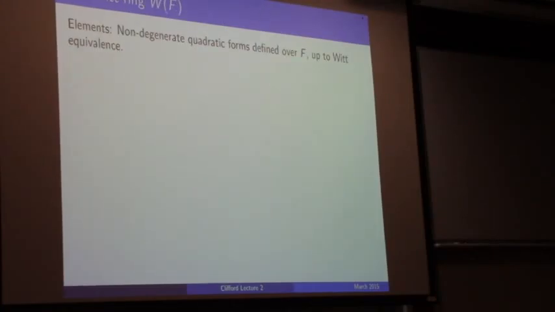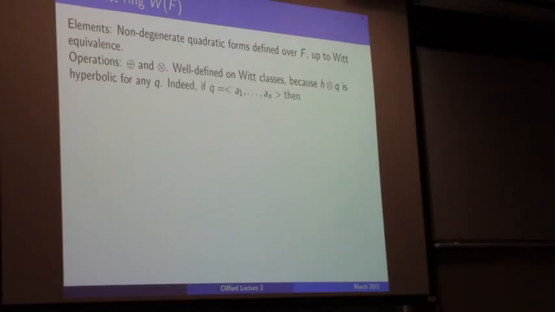So the Witt ring is now defined as a set. The underlying set consists of non-degenerate quadratic forms defined over F up to Witt equivalence. The operations are the same ones I defined before, direct sum and tensor product. These are well defined on Witt classes because H tensor Q is hyperbolic. That's very easy to see using this formula.